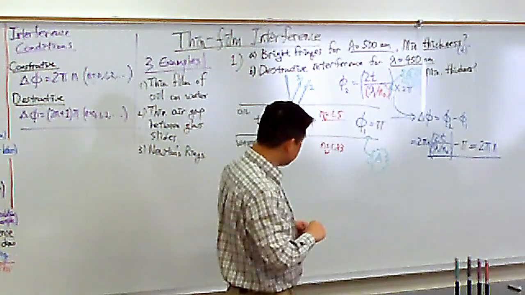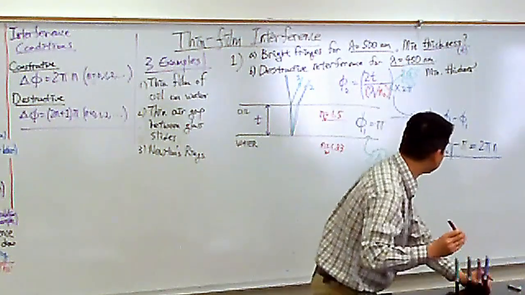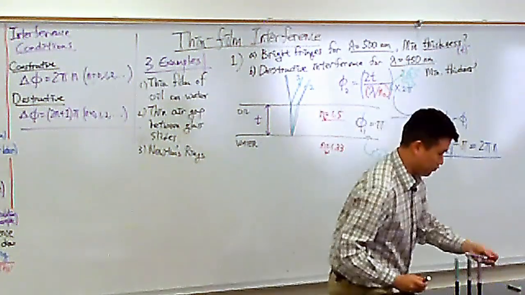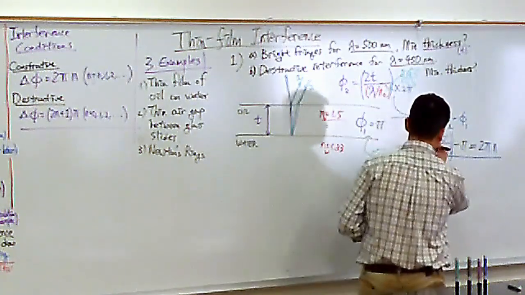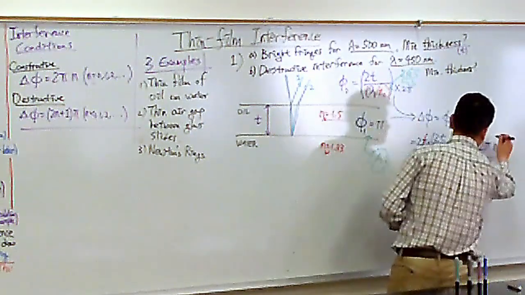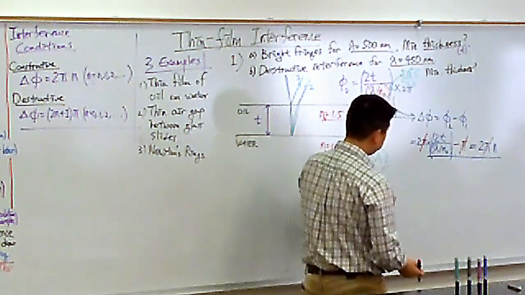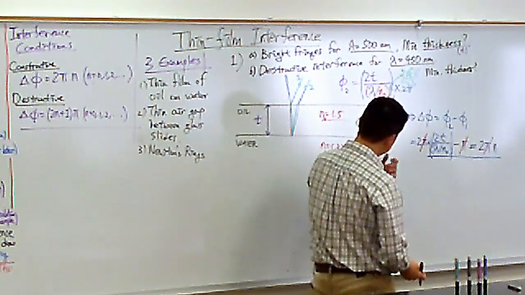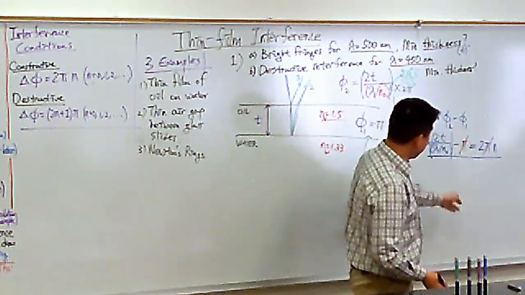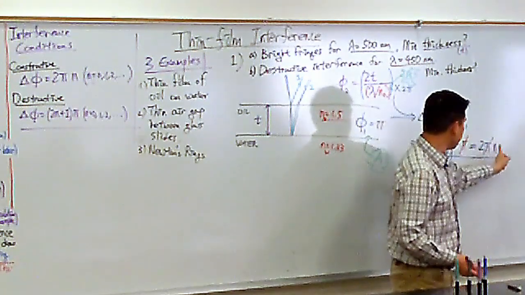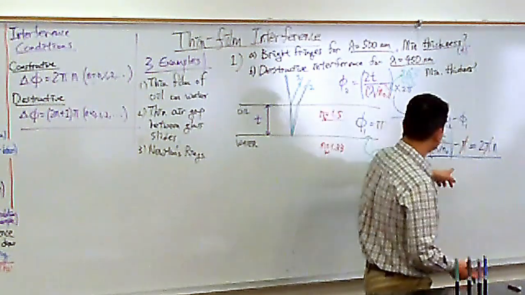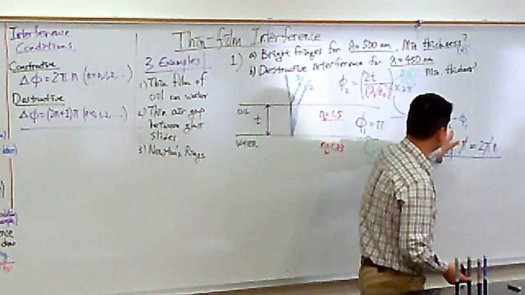Okay, so let me cancel out the pi's because I think I can do without some of these pi's. Cancel out this pi. I'm going to solve for t. So I have minus 1, which I'm going to move over, so 2n plus 1. Let me solve for this first.